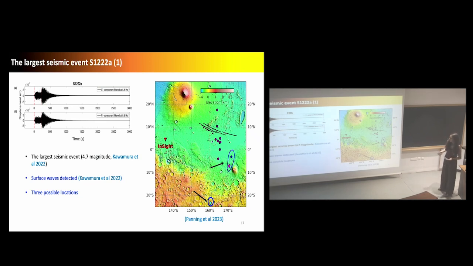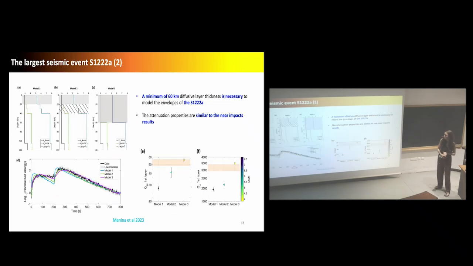And in the end, they proposed 3 locations of this event. The first one is here in the northern plain. And the third one is here in the northern highlands.